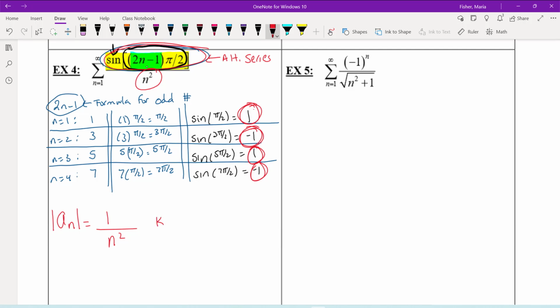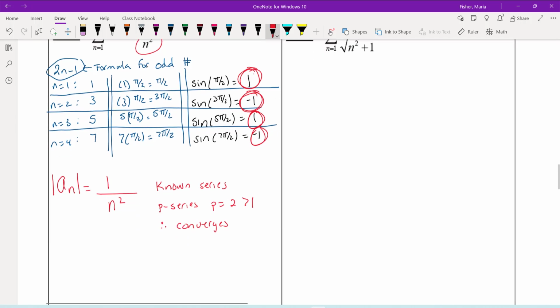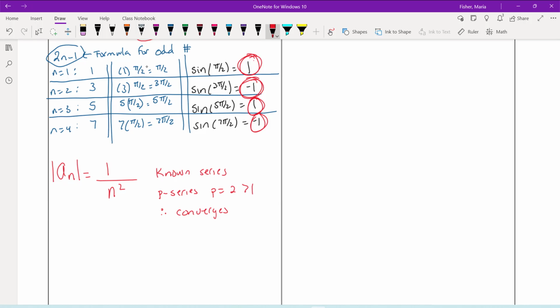Well, this is a known series. It's a p series. Here p is equal to 2. Since 2 is greater than 1, we know that we converge. Since we converge, and we took the absolute value of this series, we know that this series converges absolutely.